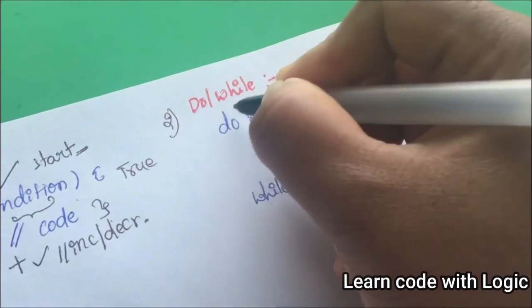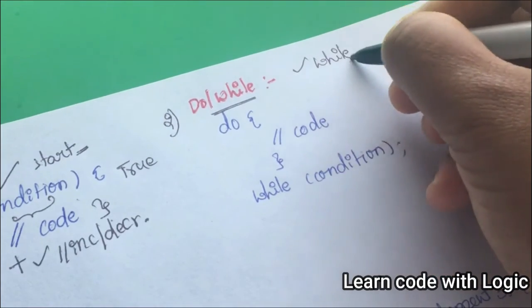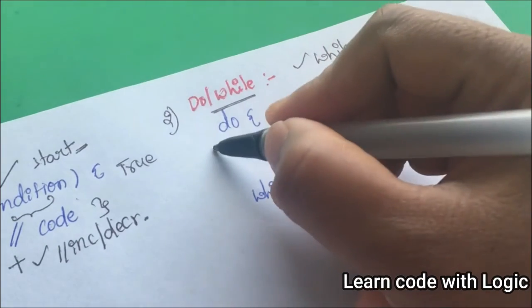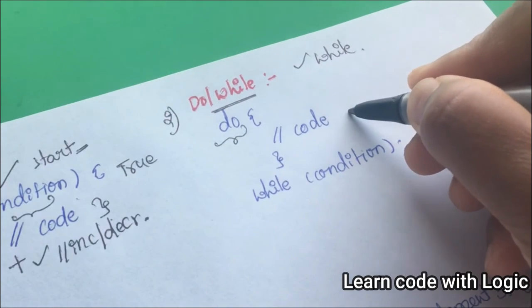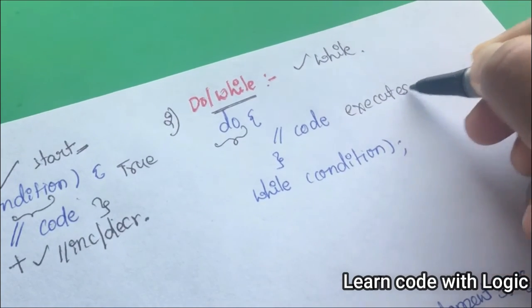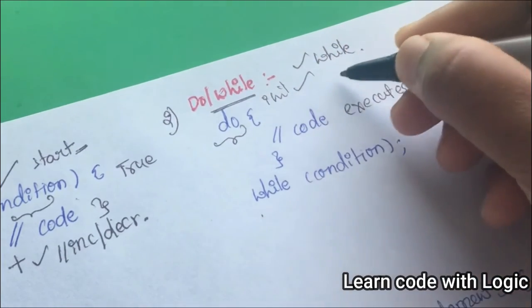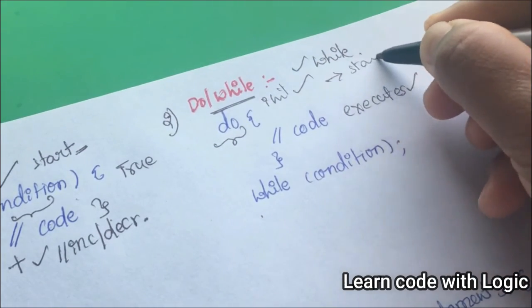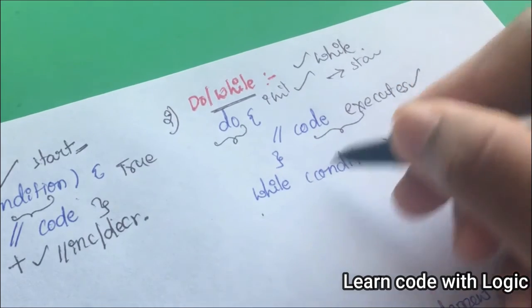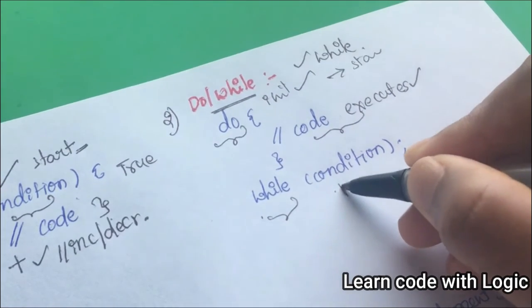The second one, do while loop, is also similar to the while loop, but the difference is do while loop first executes the code. We also have the initialization, means a starting point, then execution. After that we'll give the condition here.